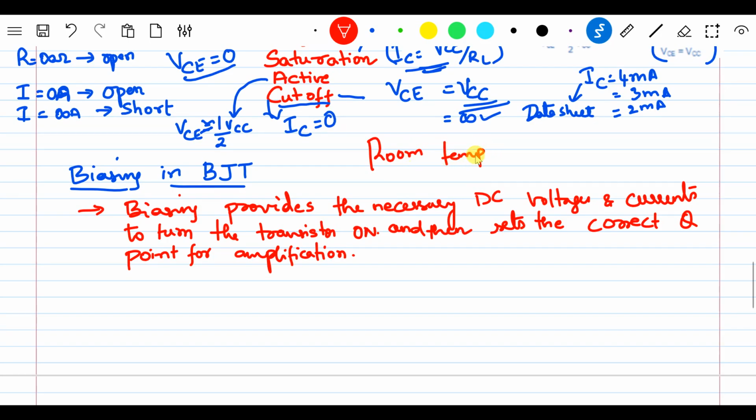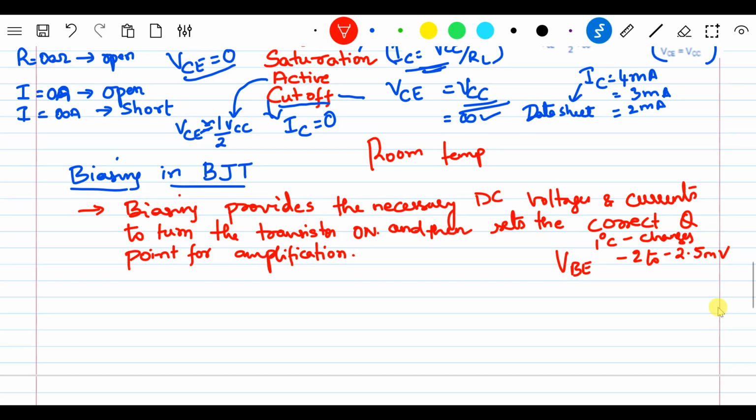Now, for every 1 degree centigrade change in room temperature, the base emitter voltage VBE, which I told you earlier, will decrease by around -2 to -2.5 millivolts.